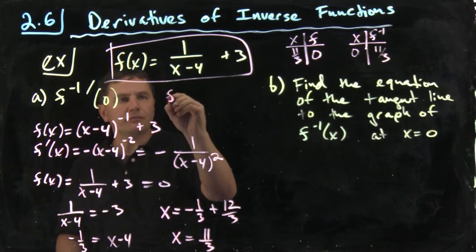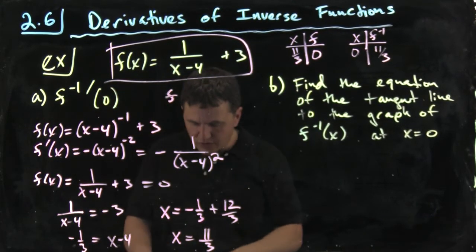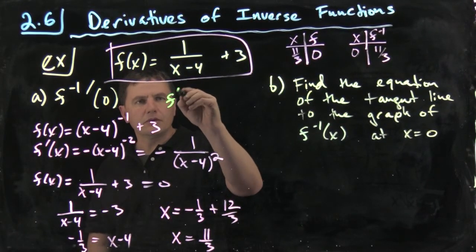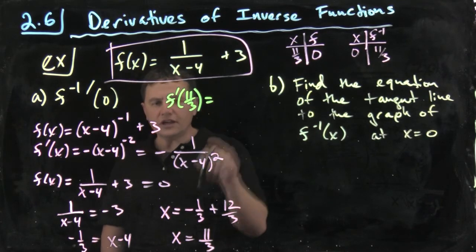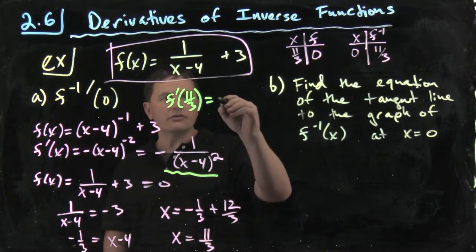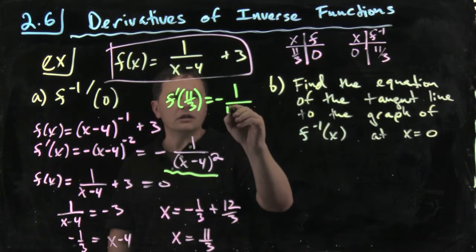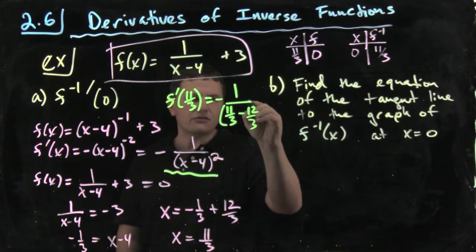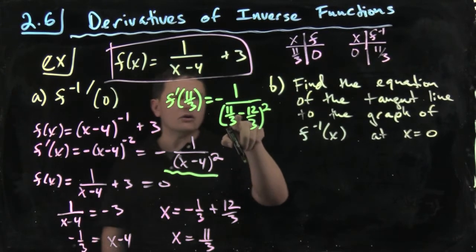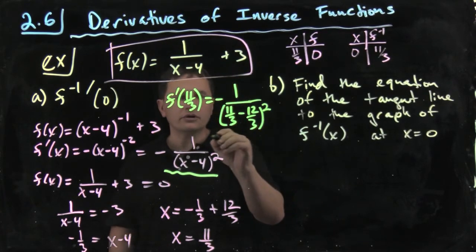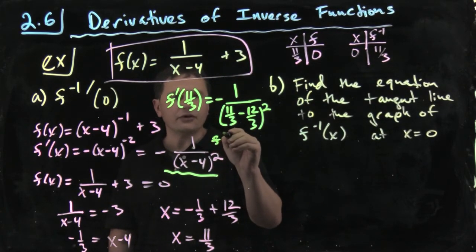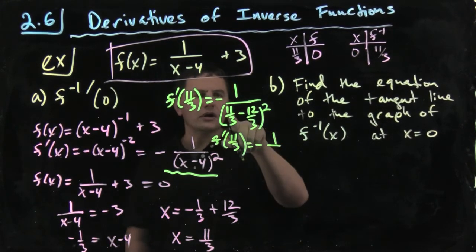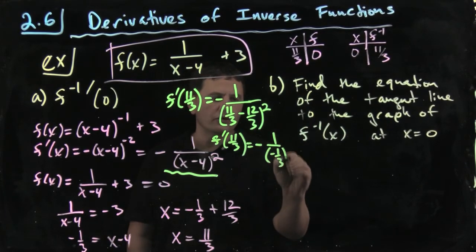So f prime of 11/3 is equal to, so this is my derivative, negative 1 over 11/3 minus 4. And let's call that 12 thirds, right? That's 4 squared. And so what I get here is negative 1/3. So I get f prime of 11 thirds is equal to negative 1 over negative 1/3 squared.